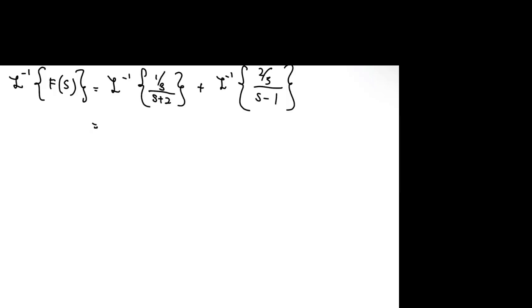So 1 over 3, we can put outside. Take out 1 over 3, put outside. And then s plus 2, by using the shifting property, if we take it outside, this will become exponent negative 2t. So exponent negative 2t, and in the bracket, we have 1 over s.